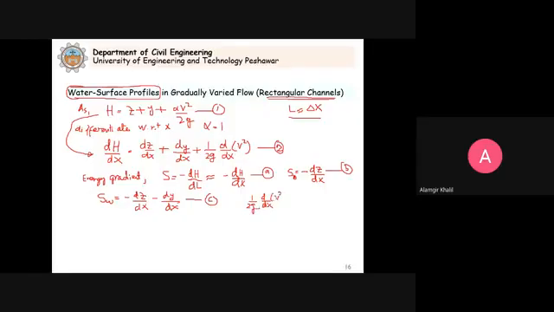Now we can express this in terms of the discharge. So this will be equal to 1 by 2g times d by dx of q square, small q, because it is a rectangular channel with discharge per unit width, divided by y square.